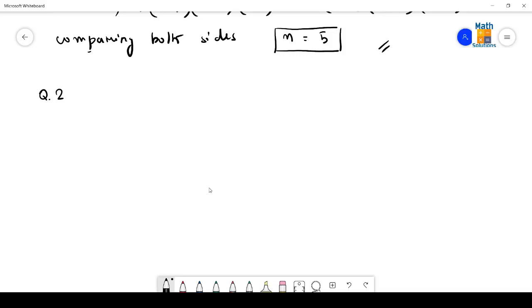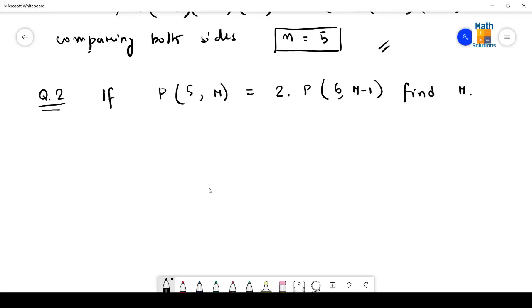The question is, if P 5 comma r is equal to 2 into P 6 comma r minus 1, find r. So coming to the solution part, what can I write?